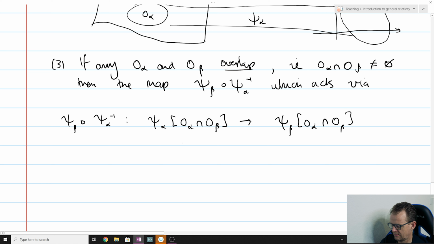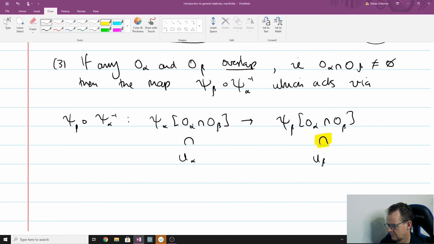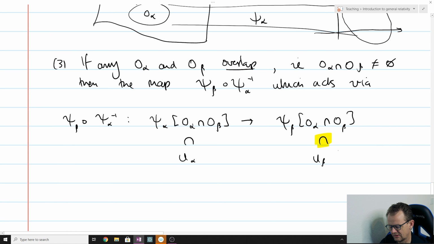I'll draw a picture in one moment to illustrate what is going on here. And these are both subsets of U beta. I've just drawn the subset symbol vertically. This is not an intersection, this is a subset of.